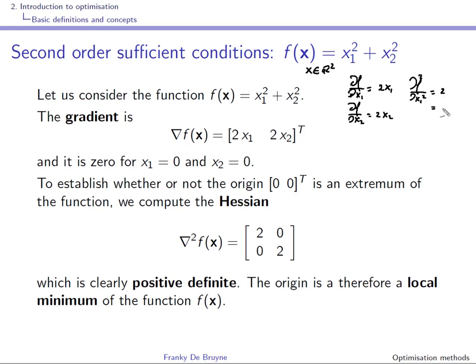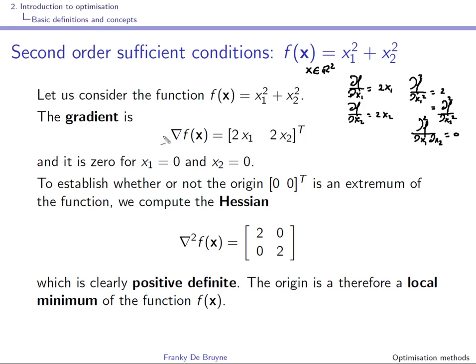This will also be the second partial derivative with respect to x2, right? And if you take the second order partial derivative first with respect to x1 and then with respect to x2, that's 0, right? So if you take this one and you take the derivative with respect to x2, this yields a 0.